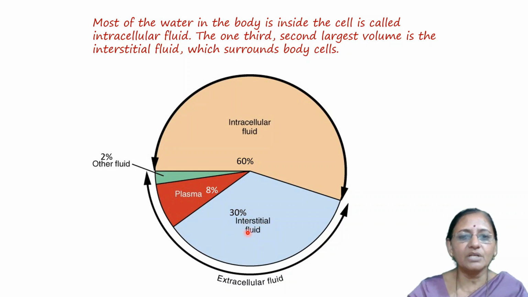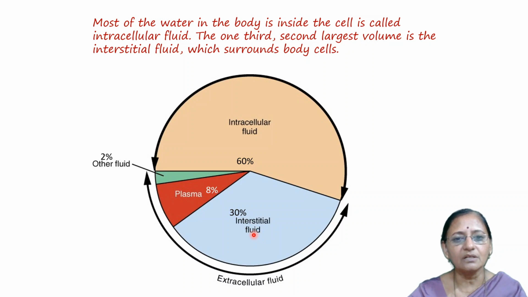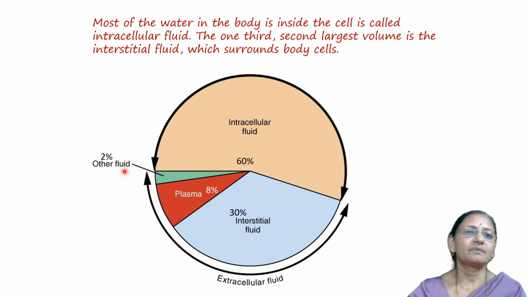That is a major part, one third of the extracellular fluid, formed by interstitial fluid. Plasma forms 8%, and other fluid, that is lymph and other body fluids, forms 2%.